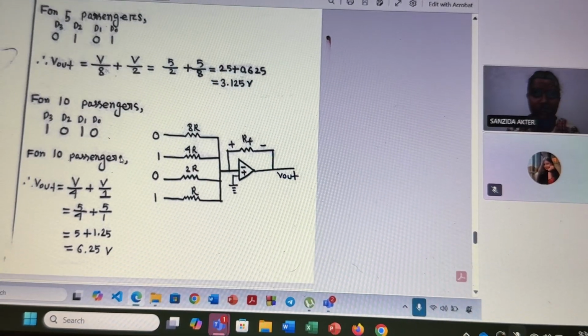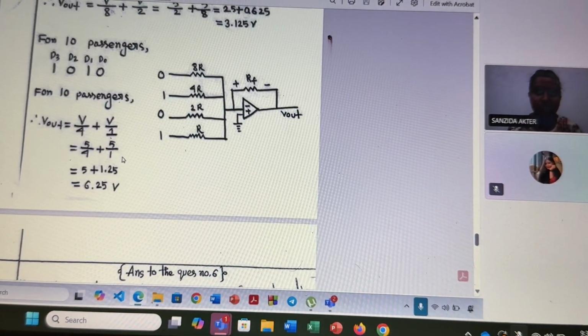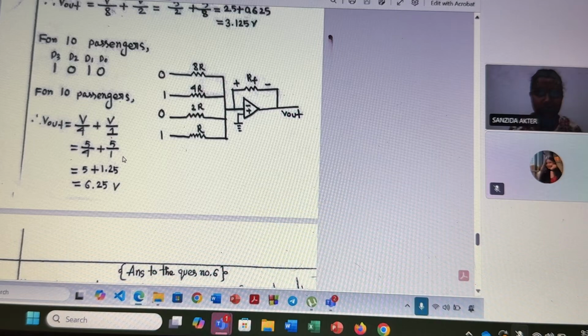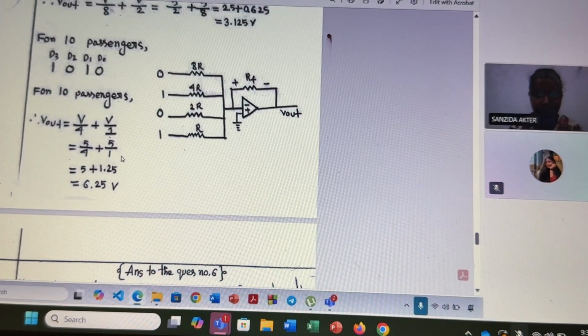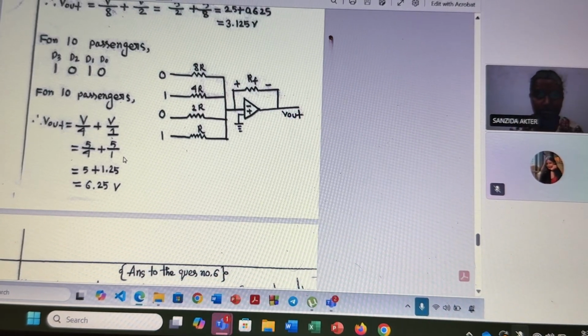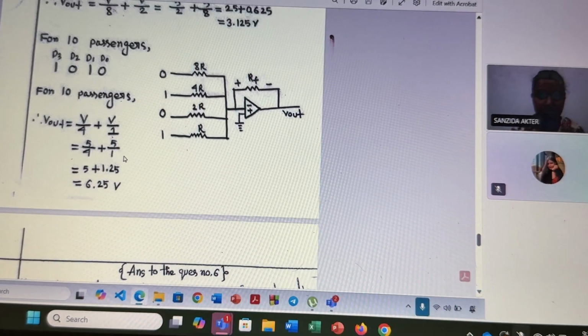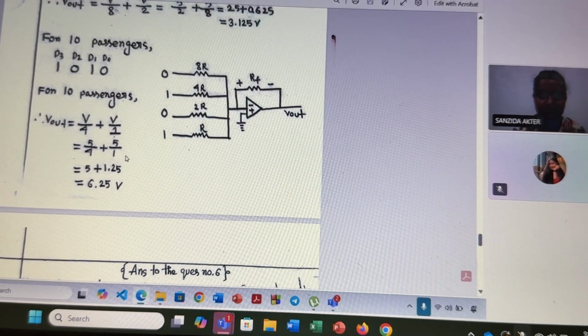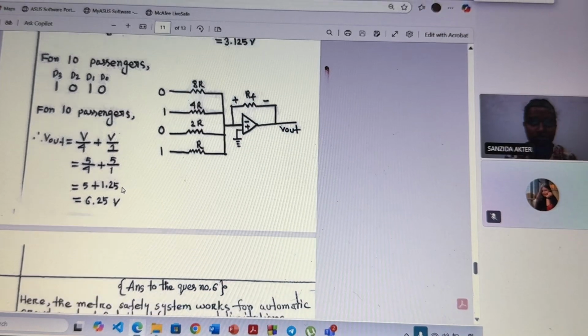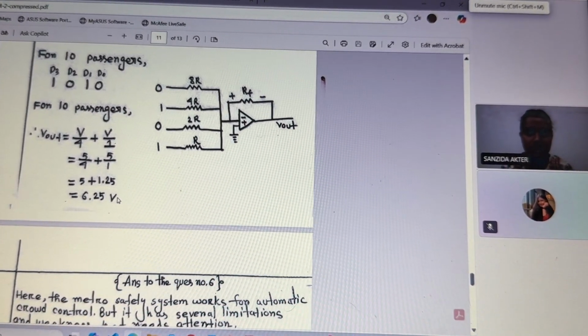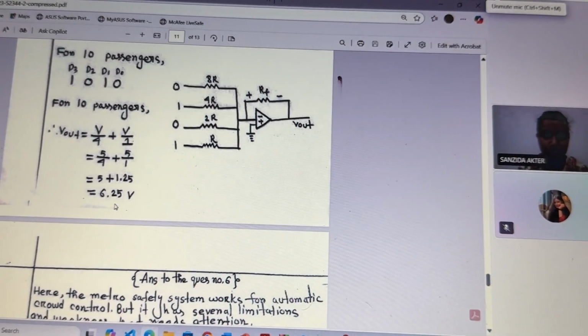For 10 passengers, the binary code is 1010. When D1 and D3 are activated, V out is found for 10 passengers. So my V out for 10 passengers is 6.25 volt.